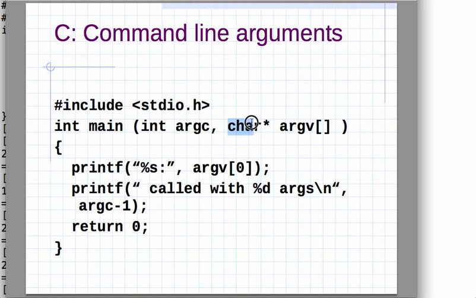And remember also that whenever you see a char star, it can either be just a pointer to a character, or more likely, you can interpret this as a string. So if you interpret this char star as a string, this means that argv is an array of strings, just like in the public static void main of Java programs.